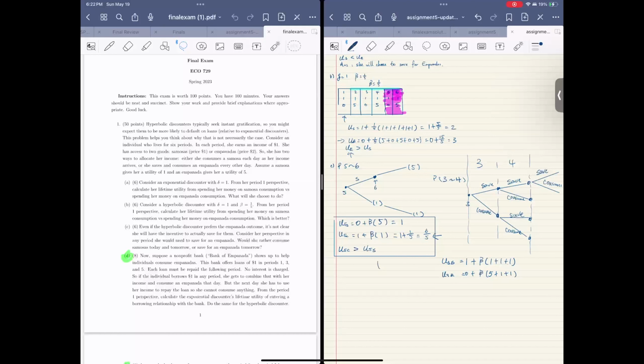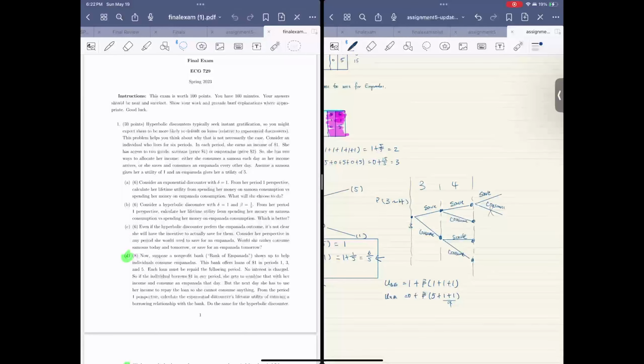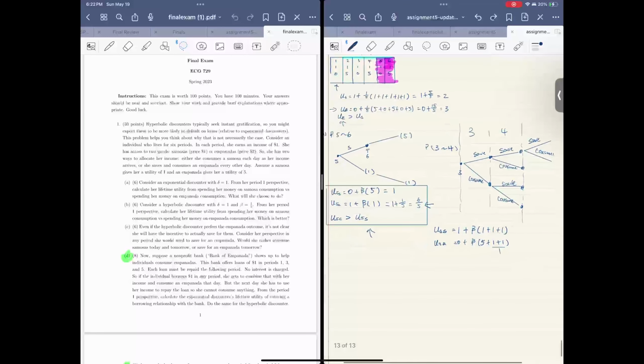Because we just used backward induction to know that in periods 5 and 6, we're not going to follow. So all that decision tree has been cut off. Does that make sense?